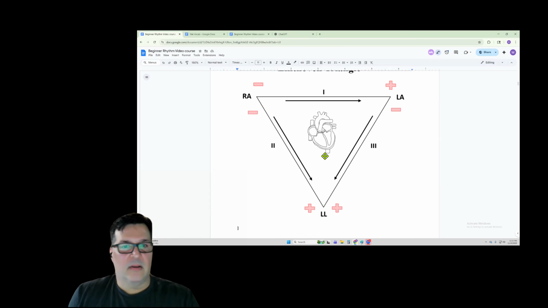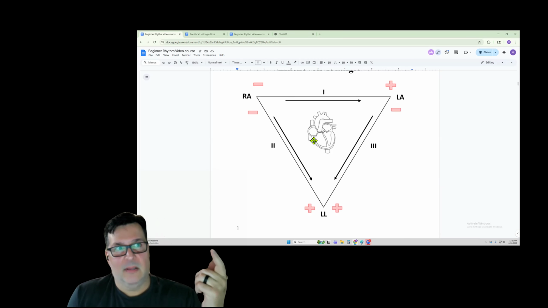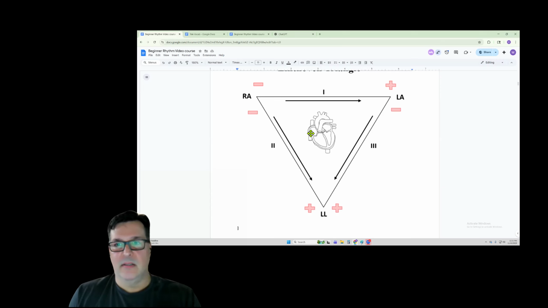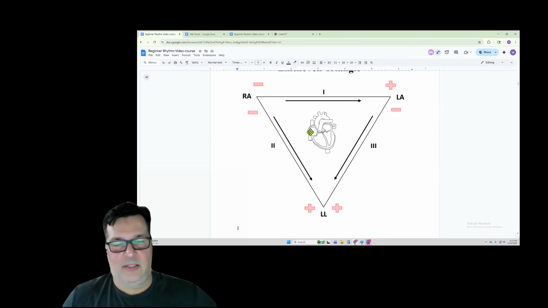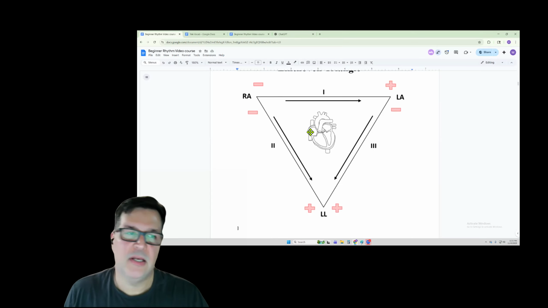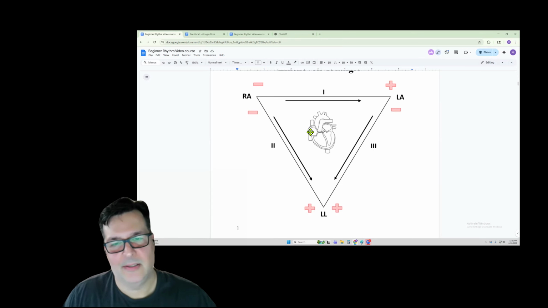So if you ever see this just flat, sometimes people are physically like that, they just have a poor picture. But a lot of times it's lead placement because the V lead's not sitting on top of the heart. And that's just an everyday conversation, like, oh, he has a hairy chest, so we put it on his belly button. No, that's not how it works.